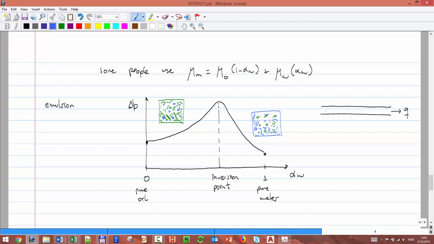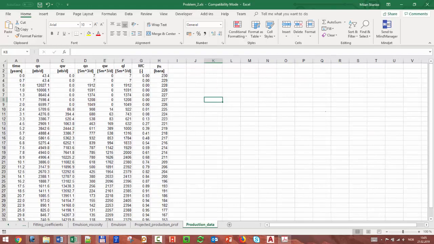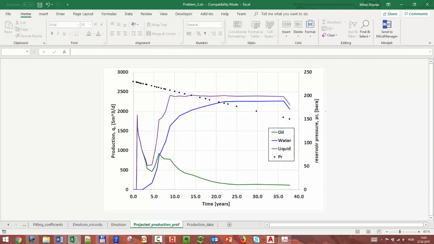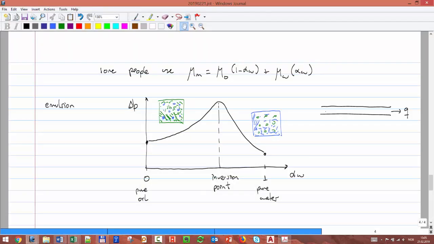Because typically, what is happening when we start, like in this case, this Peregrino field, what is happening with the water with time? It is simply increasing. Therefore, we are moving from this alpha all the way to here.